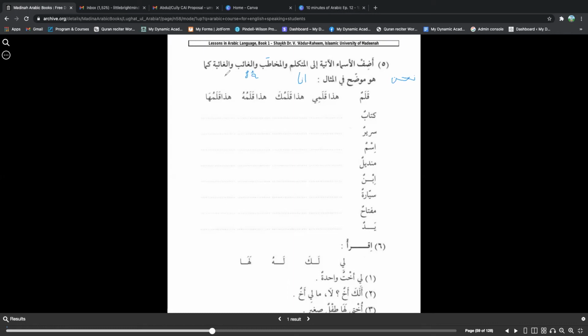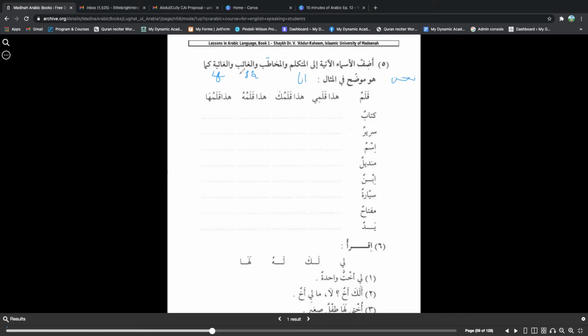Okay, and then for she, it's ha. Ha is the ghaiba, because ghaib means absent, not present. So it means the person you're not speaking directly to, like you say siyaratuhu, his car, baytuhu, his house. Whereas mukhatab, you're speaking directly to them, you're addressing them.